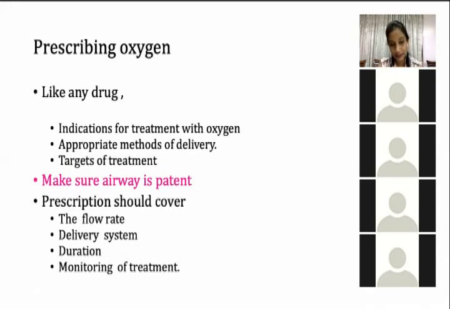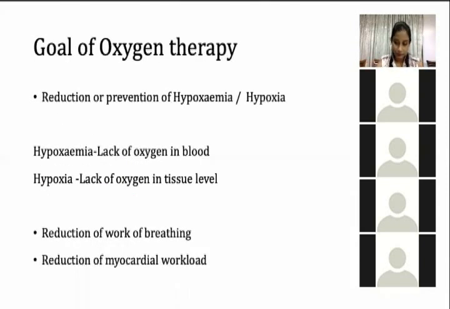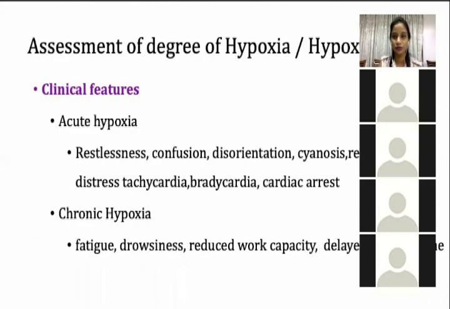And like your frequency, you are going to write about the duration. How long are you going to give this drug? And you are going to monitor if the treatment is working or not. Understood? So here are some goals. We have discussed this slide previously, so I'm going to move on.